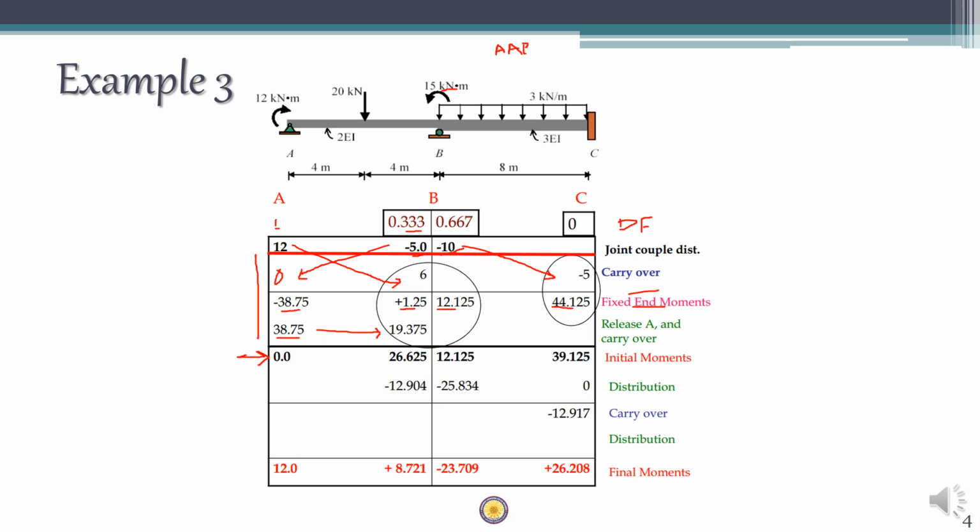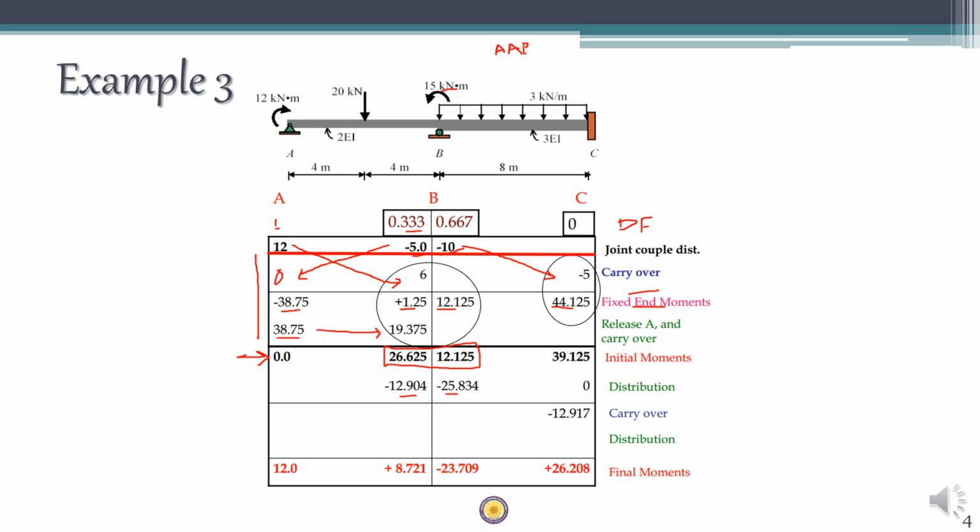So at B we have a total positive value of around 38.75, right? So in order to balance that we have to give a negative 38.75 and it is to be distributed among BA and BC. So minus 38.75 multiplied by 0.33, that will come here. Minus 38.75 multiplied by 0.667, that will come here.